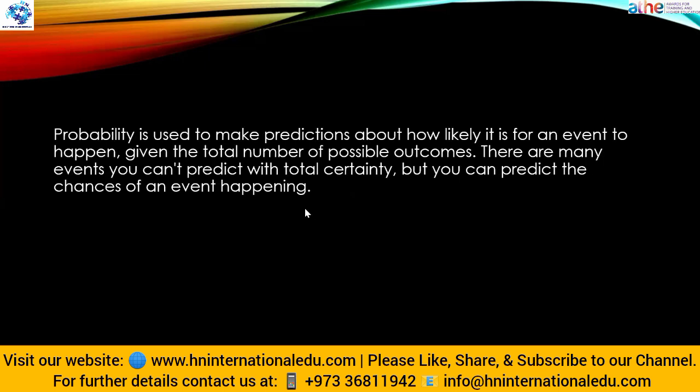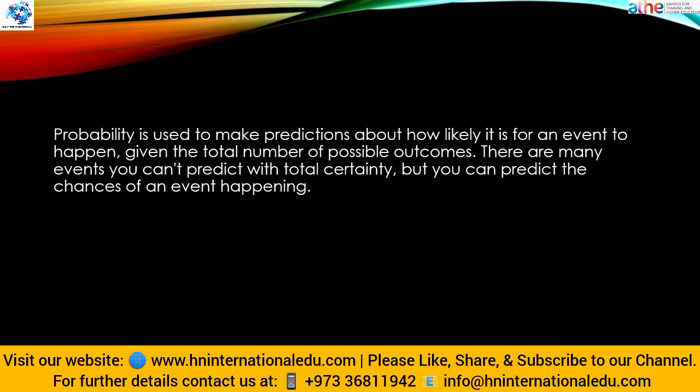Okay. Probability is used to make predictions about how likely it is for an event to happen, given the total number of possible outcomes. The possible outcomes depend upon the condition. If the condition has two consequences, the total number of possible outcomes is two.